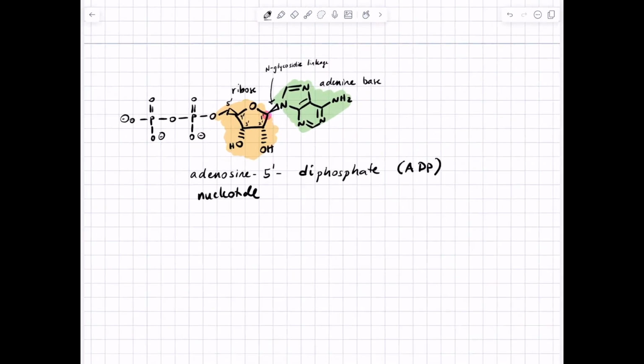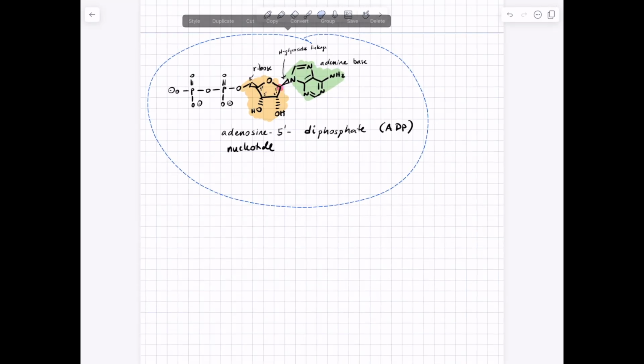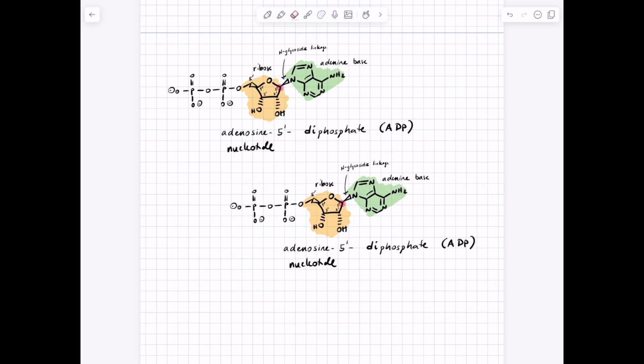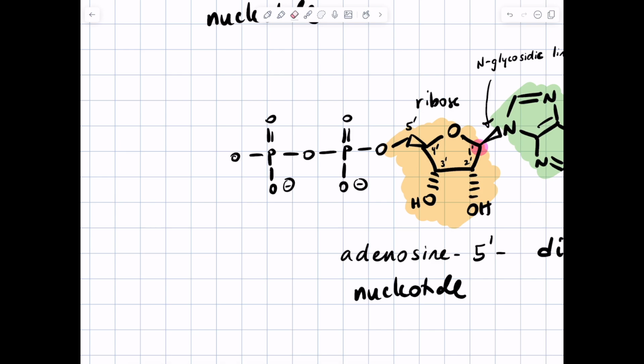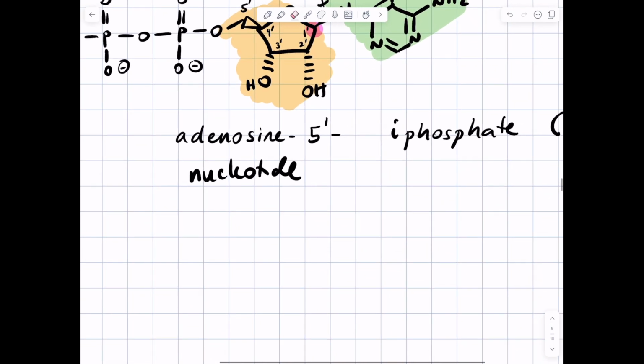It's still a nucleotide. Or if we had 3, that would then become adenosine 5' triphosphate, or ATP for short.